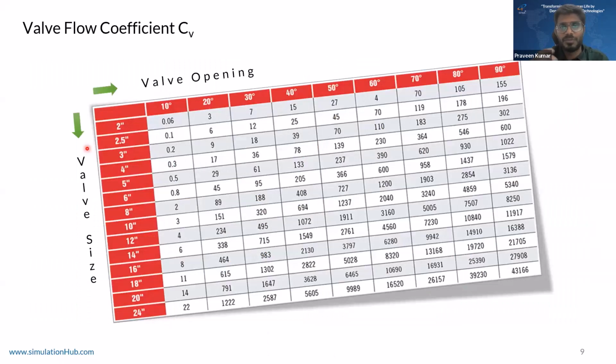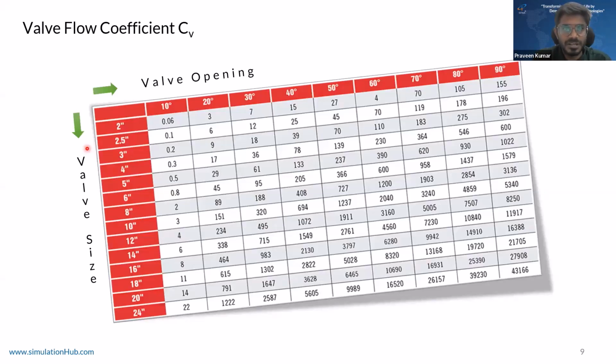Okay, you might be familiar with this kind of table being published in a valve manufacturer's catalog or data sheet. So what is this? In layman's terms, it's a design score of a valve, kind of a flow performance score of a valve.